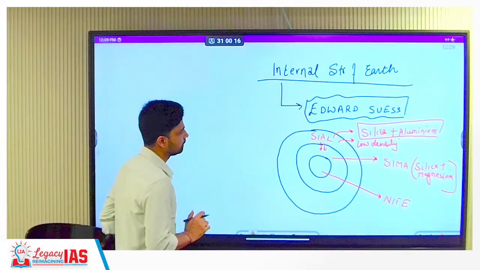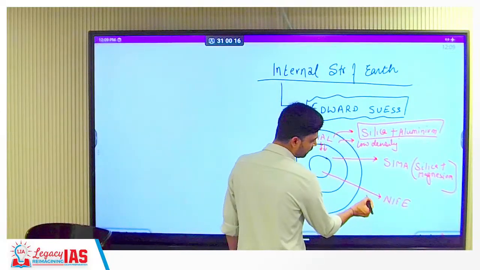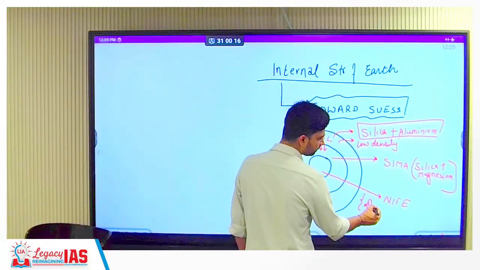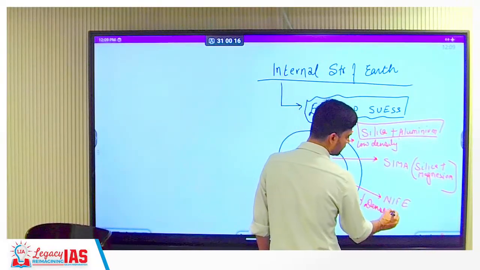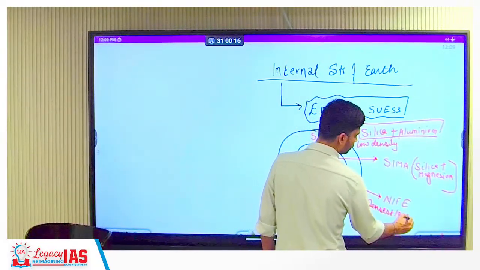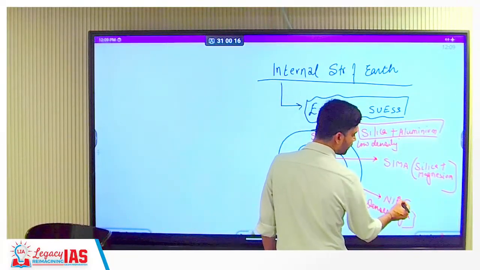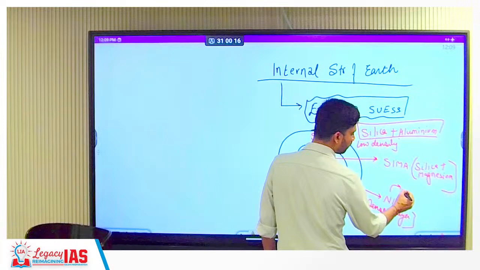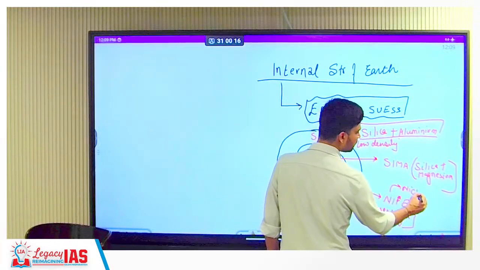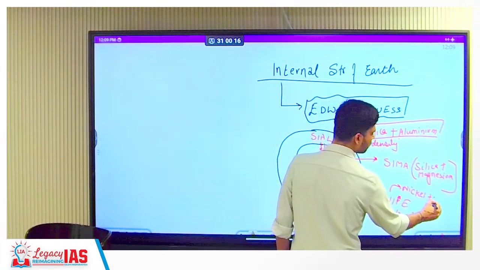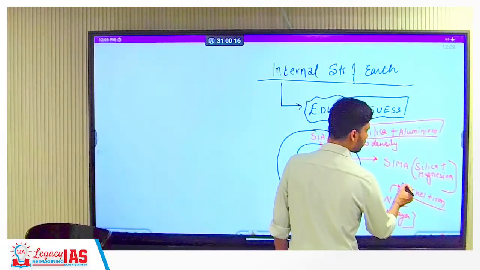And then he says that the innermost layer is the densest layer of the Earth. Densest means highest density. And why is he calling it the Nife layer? Because again you have dominance of two elements here, which are nickel and iron.